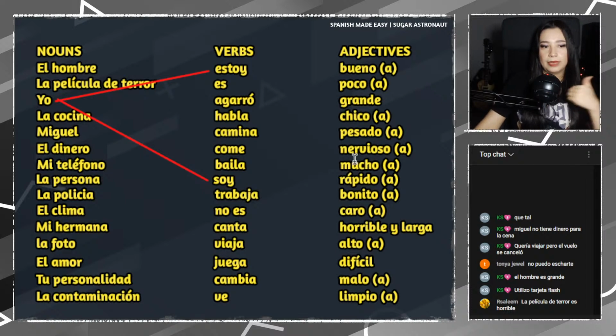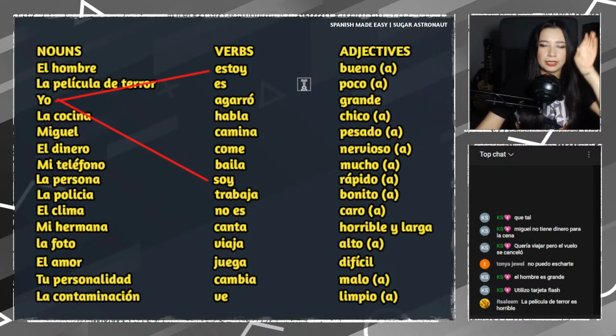Yo estoy. I am. Yo soy. I am. Both mean I am. And I told you the differences. It's just a quick difference between the two. One is temporary and the other one is not. There's more to it, of course, but that is like the basic rule, okay?